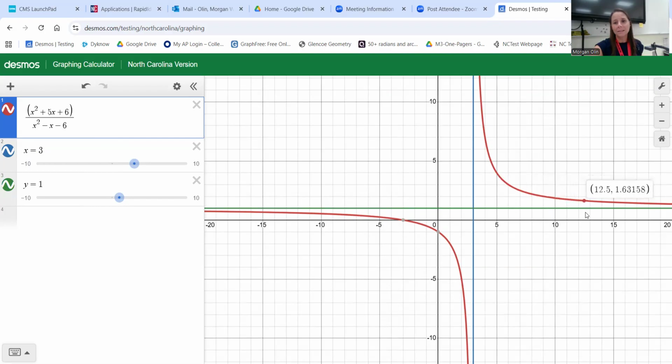I'm not seeing it, but when I did it by hand, I got it at negative 2. So let's go back to negative 2 right here. Negative 2 is going to be here. And if you look, there you go, it's undefined. But I didn't find that in the first place, so you have to be very, very careful right there. But I do have a hole. When it says undefined, I can't draw the dotted lines for the vertical and horizontal asymptotes there. And I actually do see a hole.